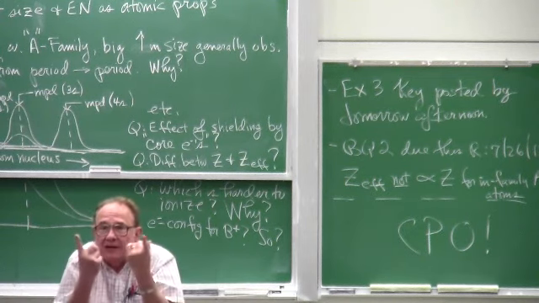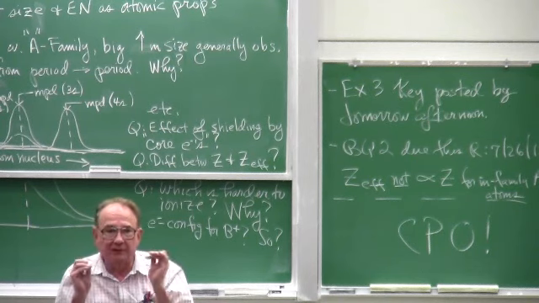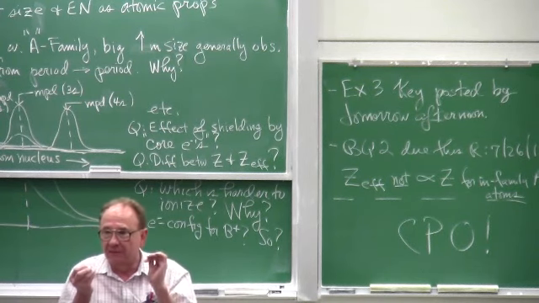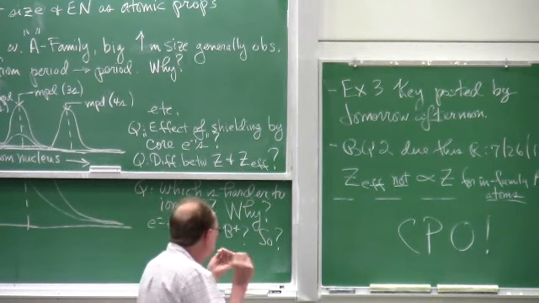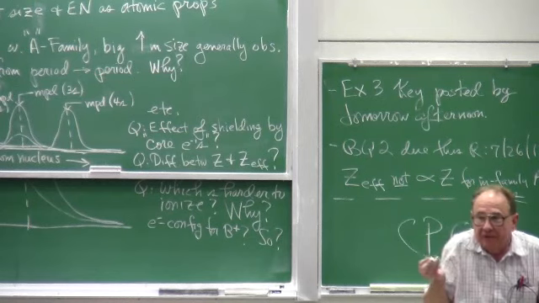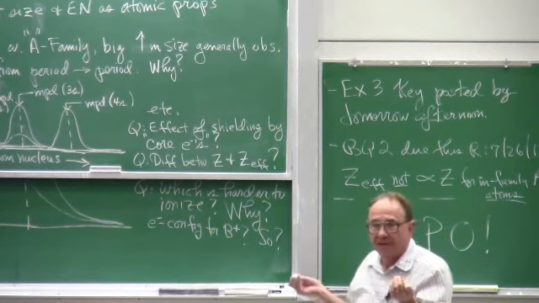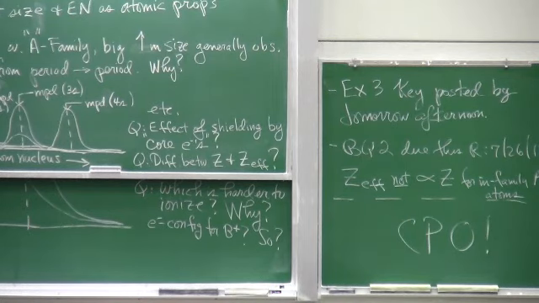Do you think electrons in the same orbital shield each other? How about electrons in the same energy level? I'm just curious if you heard about any of this stuff. Well, let's back up just a little bit.